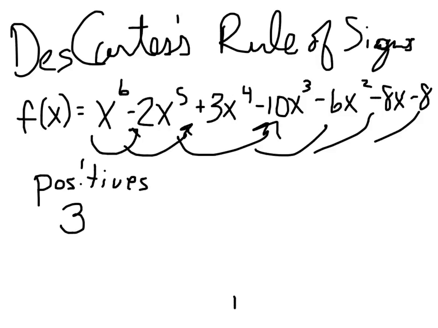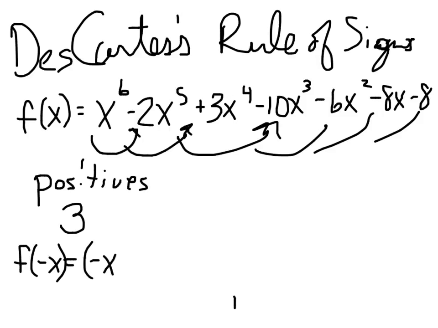The next part of Descartes' rule of signs is this. In order to figure out the number of negative solutions, you need to replace x with negative x and simplify it. The official way to do it is you put negative x in and see what you get.